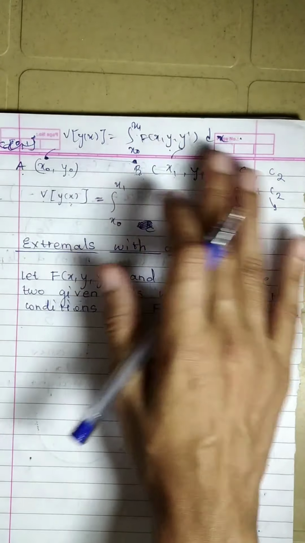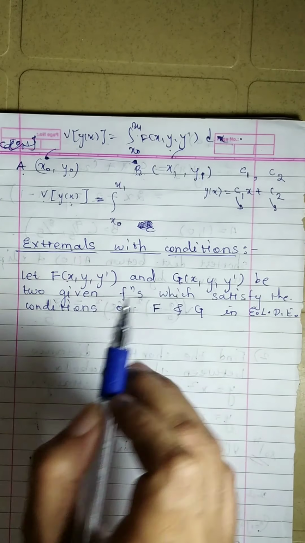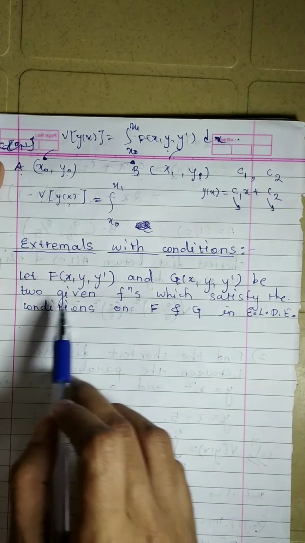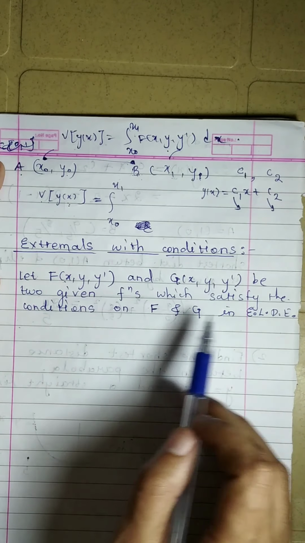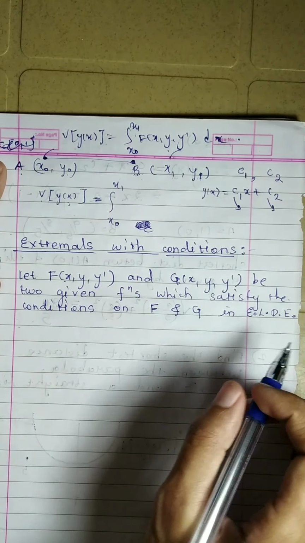All those conditions are satisfied by these functions. Therefore it is said that let F and G be the two given functions which satisfy the conditions on F and G in the Euler-Lagrange differential equation.